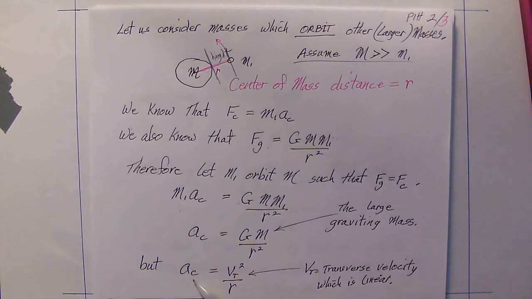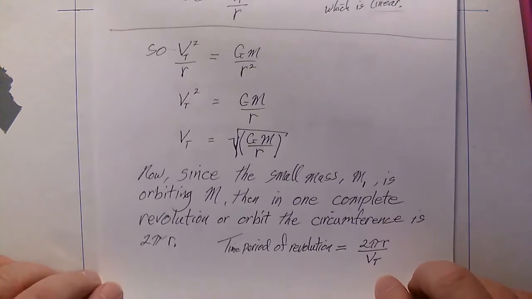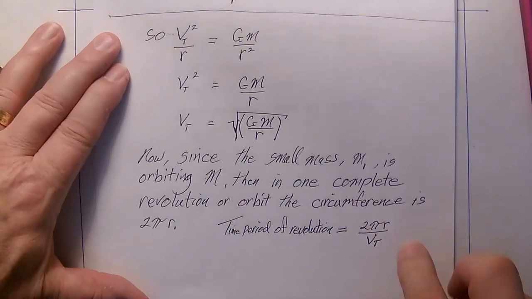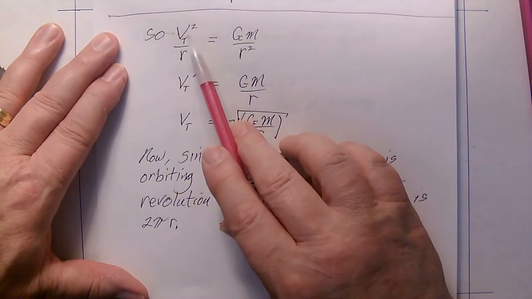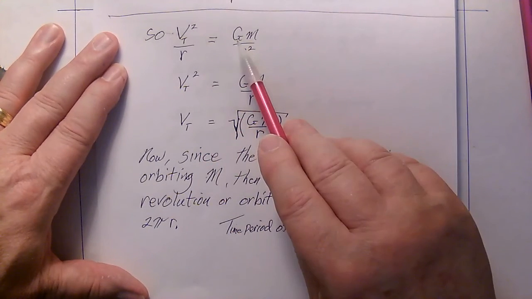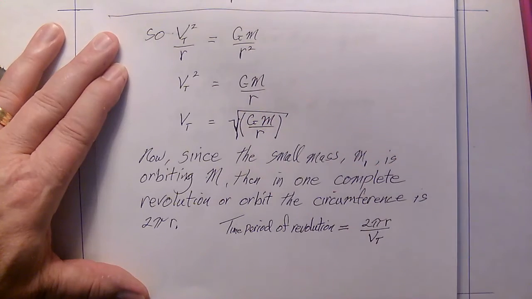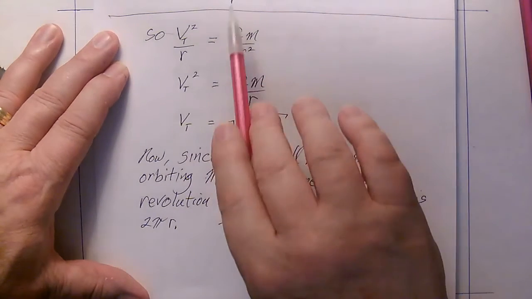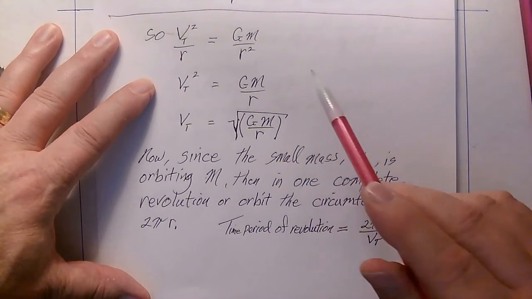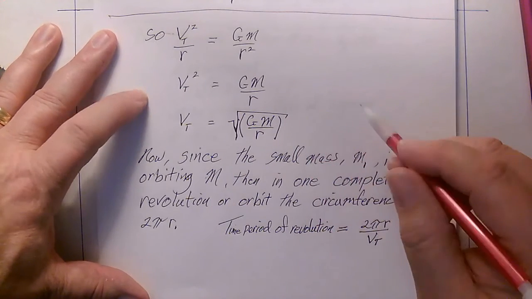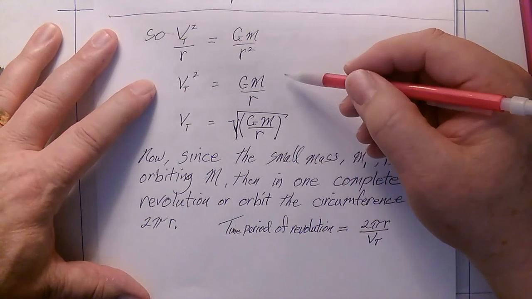So we find then that the centripetal acceleration is vt squared over r, and this is the transverse velocity. It's the linear velocity as we go around in our orbit. So now if we say that vt squared over r is equal to GM over r squared, because those things are equal to each other, we now rearrange and solve for vt squared.